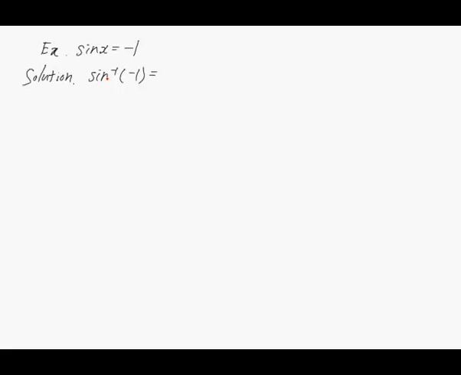So we have the inverse sine of -1 equal to what? Negative half pi, right? Negative half pi. Because the range of the inverse sine is between negative half pi and half pi. And in this range, only negative half pi has sine equal to -1.